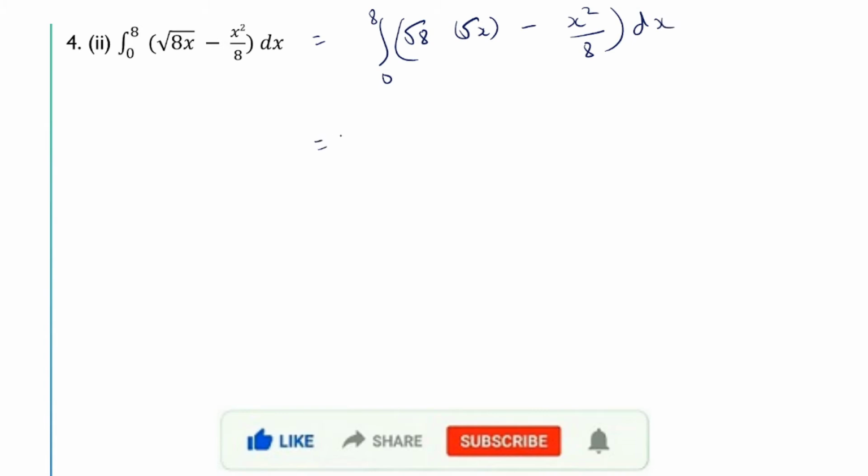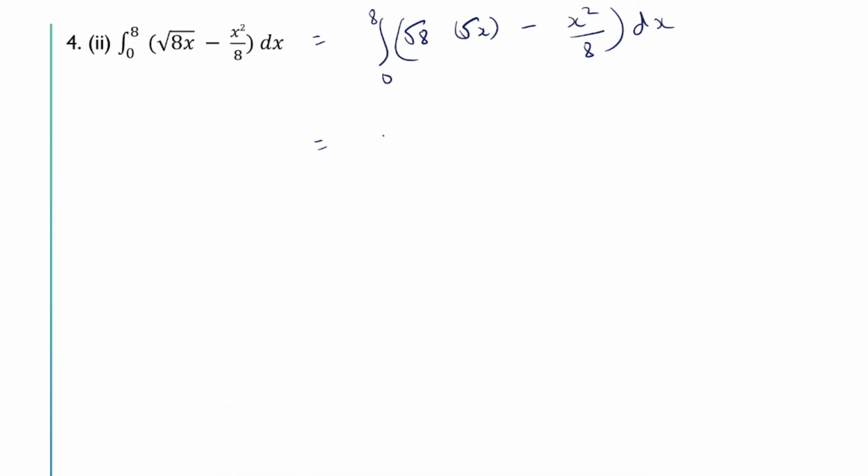We know integral root x dx is x raised to half plus 1 by half plus 1. So it is x raised to 3 by 2 upon 3 by 2, minus 1 by 8 into integral x square dx, which is x cube by 3, and the limits 0 to 8.